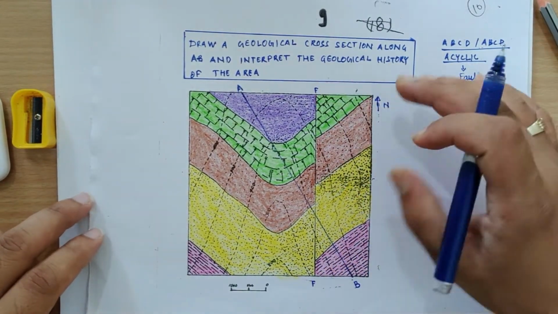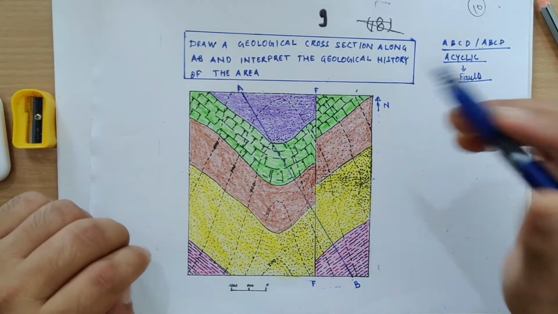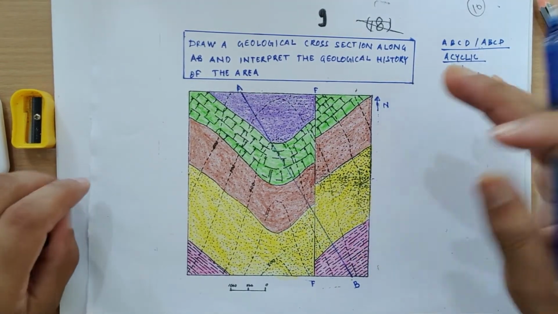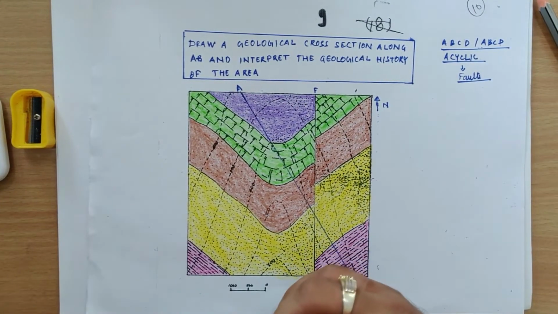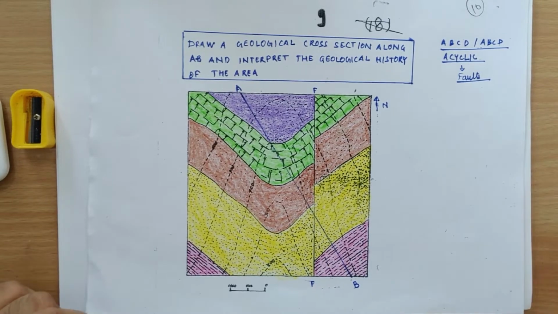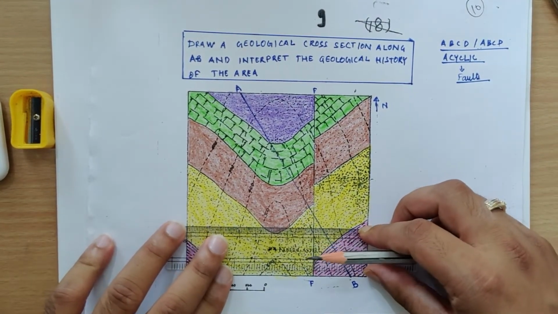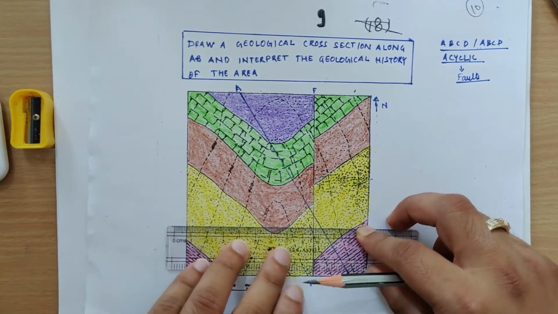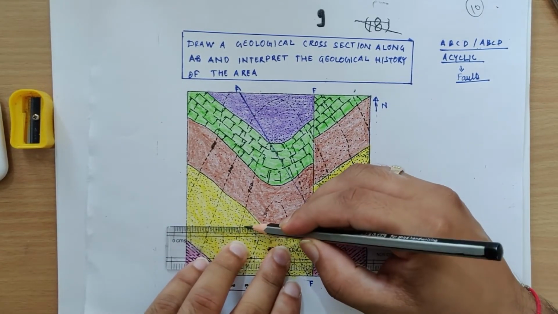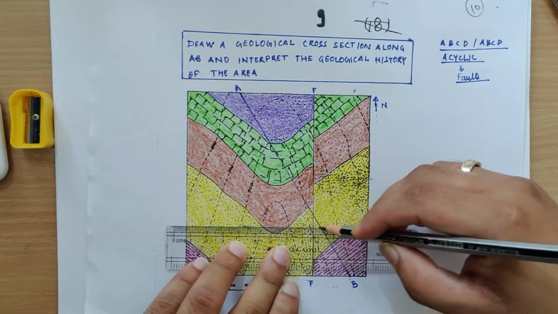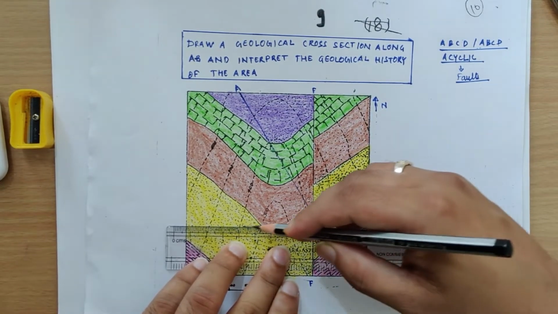Now we can see that there are 5 beds, and there is a fault which displaces these beds. Let's now determine the dip direction of the beds. To determine it, we can take 2 strike lines on the same trace, because we can see the same trace is intersected by more than one value of contour line.